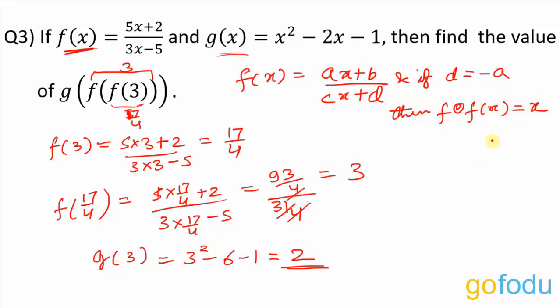This is something to remember, something to keep in mind. Like here, we had a is 5 and d is minus 5, d is equal to minus a. So f of 3 came out to be 3 only.